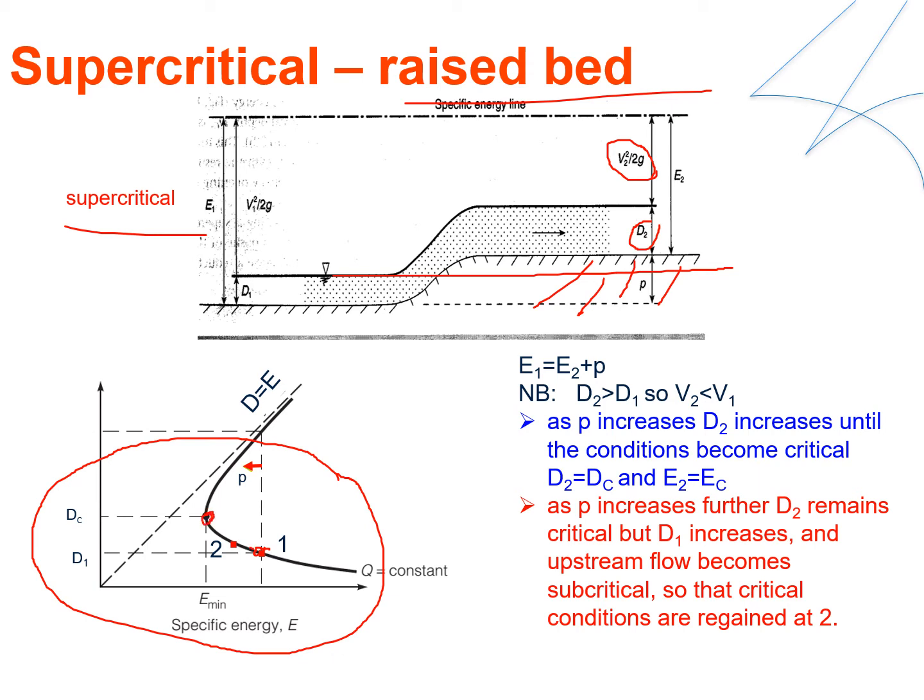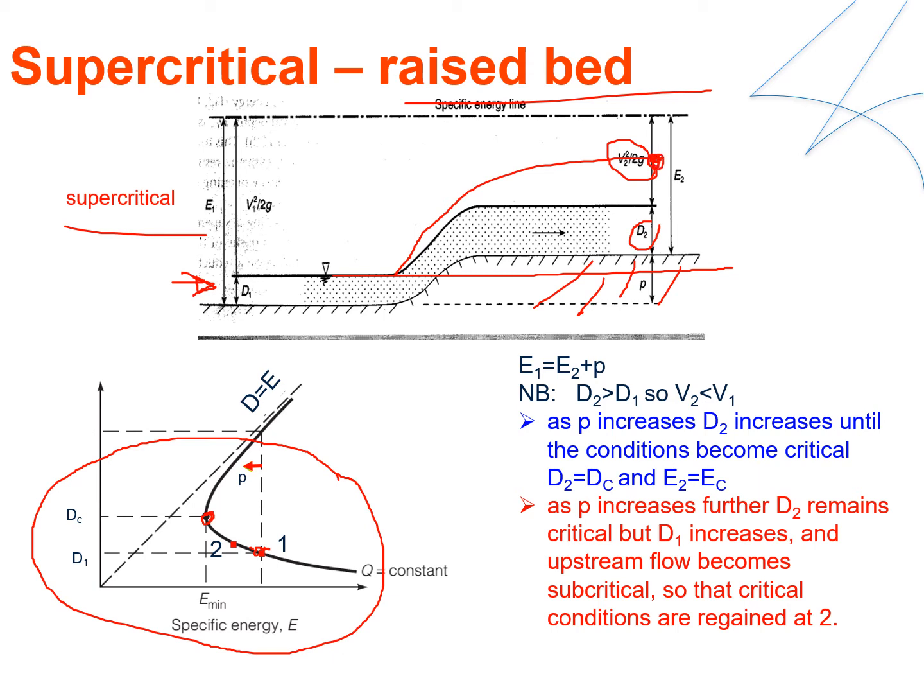Up to the critical depth you can increase, so downstream will remain supercritical and upstream will be subcritical. Sorry, the upstream will be supercritical, and at this bed you can get critical depth.